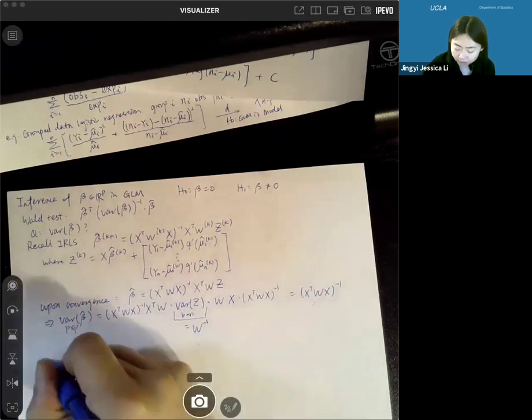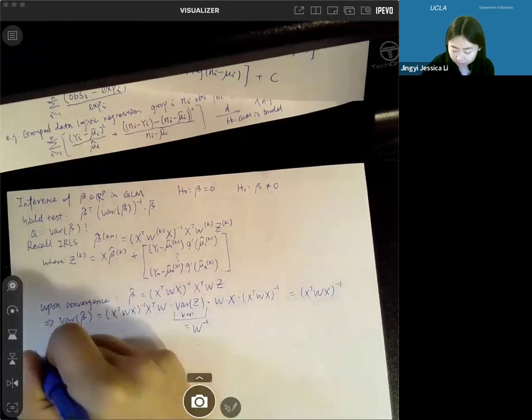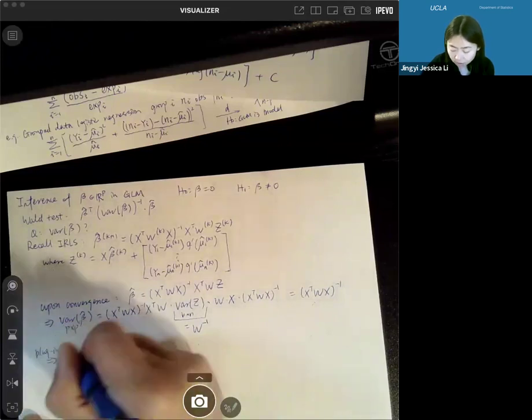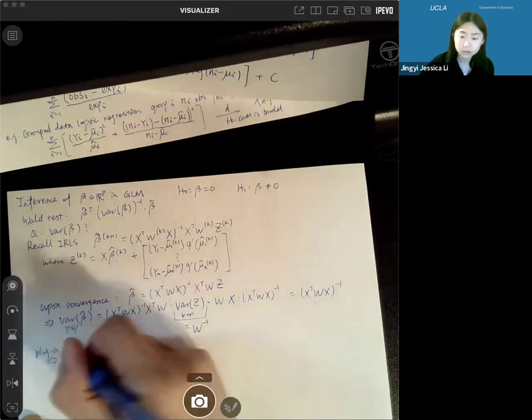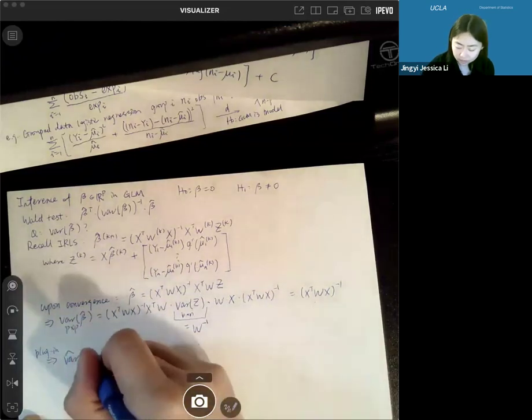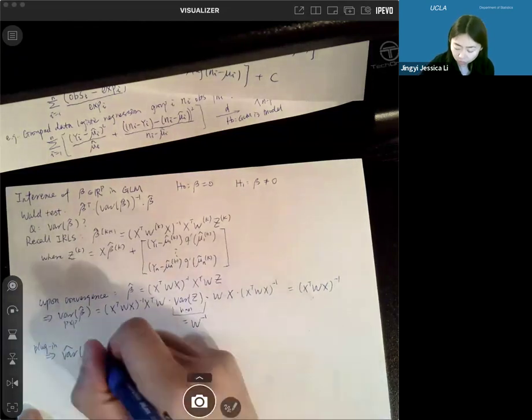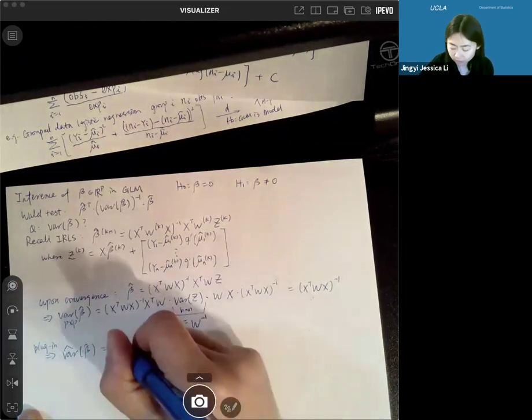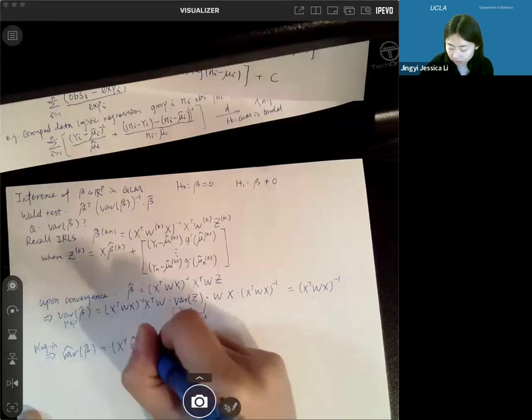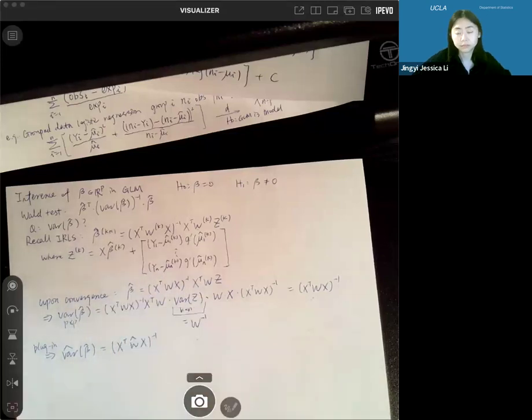So therefore, in practice, we do plugging. We have the variance hat of beta hat. So it's the estimated variance covariance matrix. And we use the estimator for W: X transpose W hat X inverse. That's it.